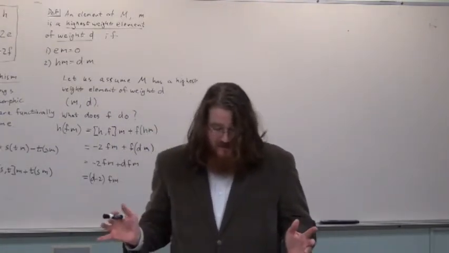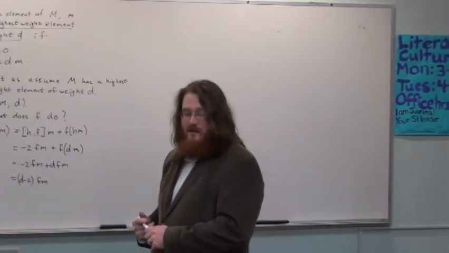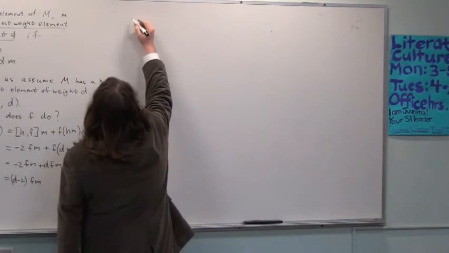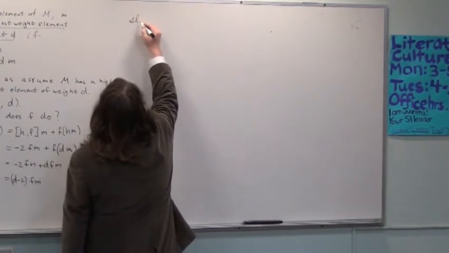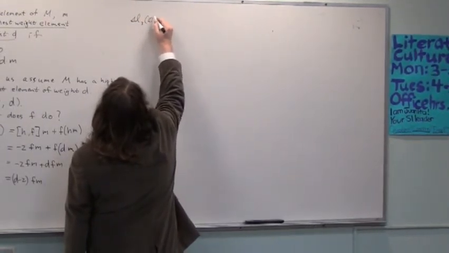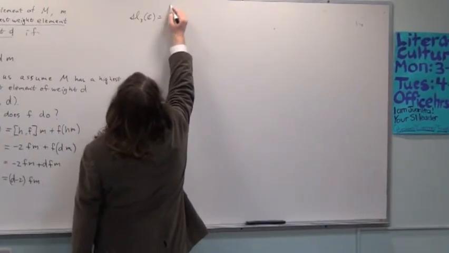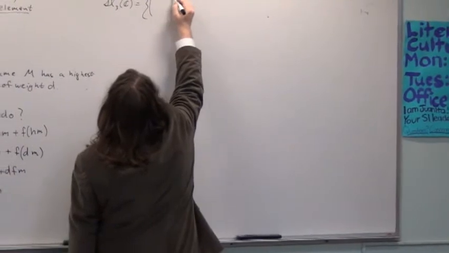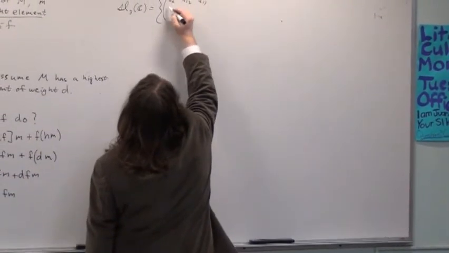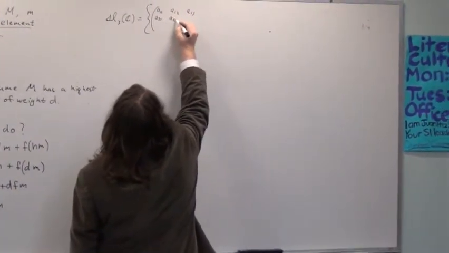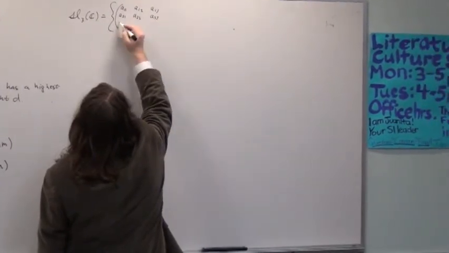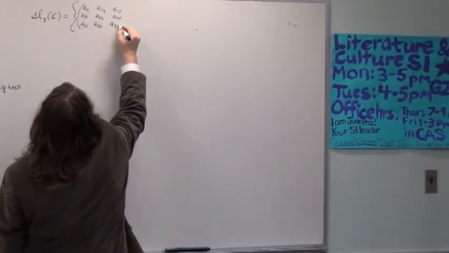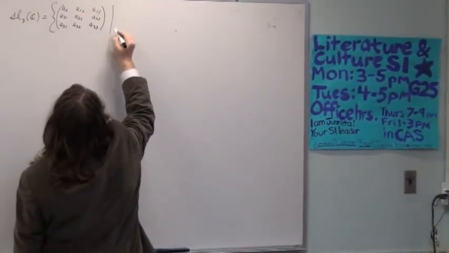So we can look at SL3. What is SL3? Well, one of the forms that it takes is 3x3 matrices and trace 0.